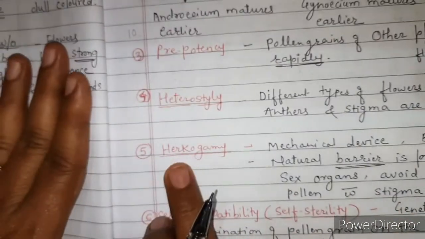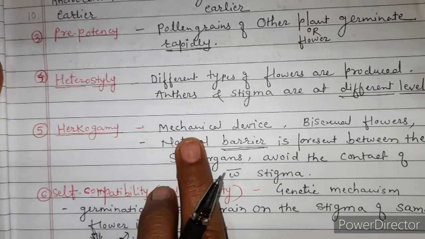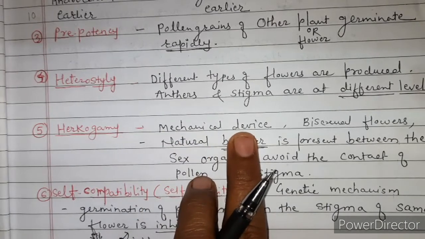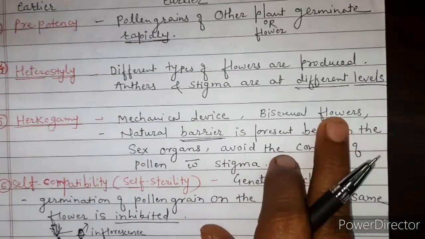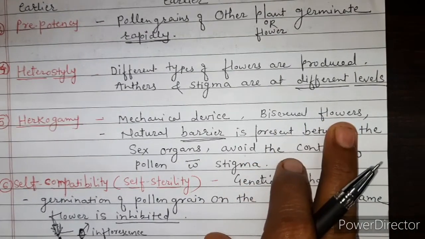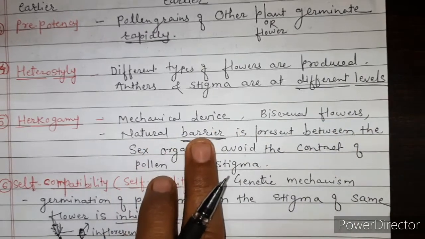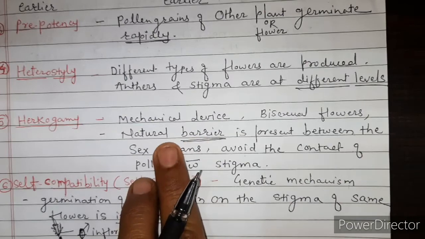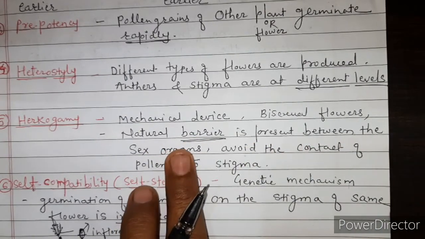Now next one is hercogamy. What is hercogamy? Hercogamy is a mechanical device in which bisexual flowers are produced by the plant, but though the flowers are bisexual, some natural physical barriers, म्हणजे अडथळा, are present between the sex organs, that is androecium and gynoecium.